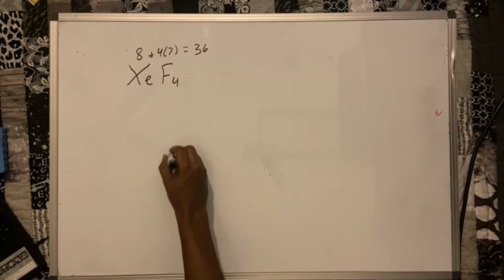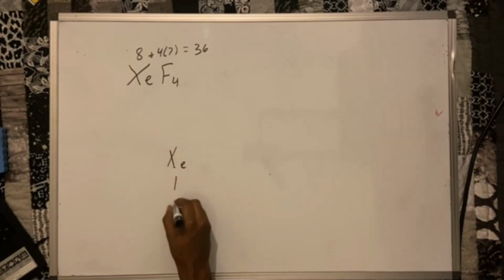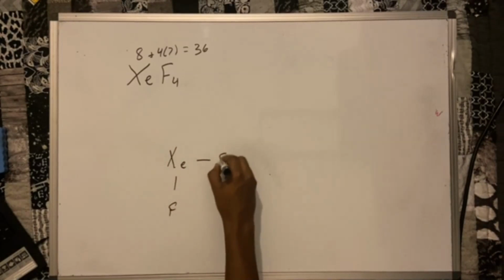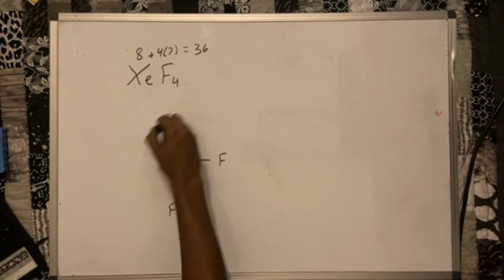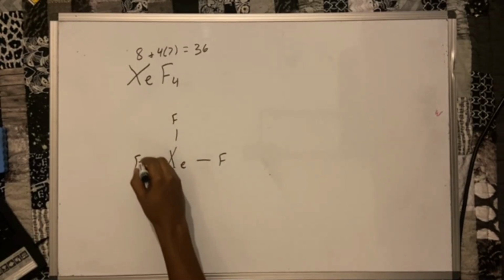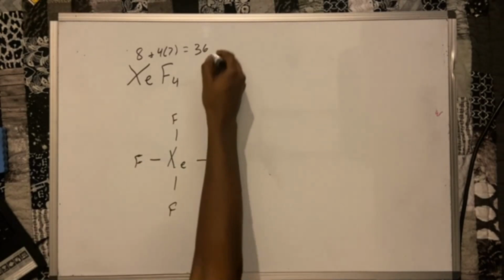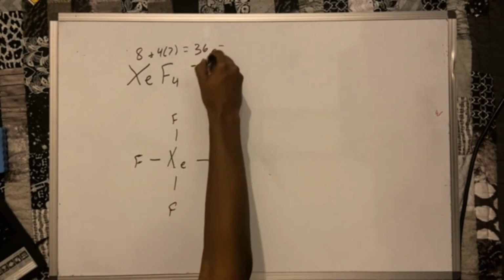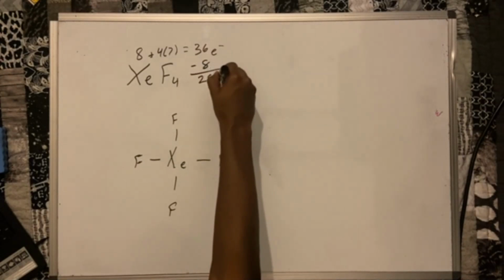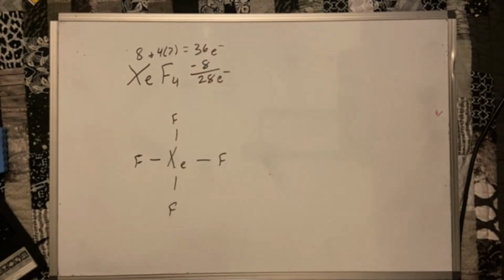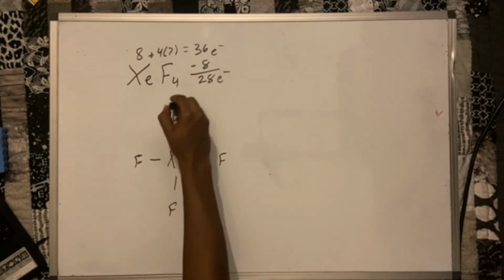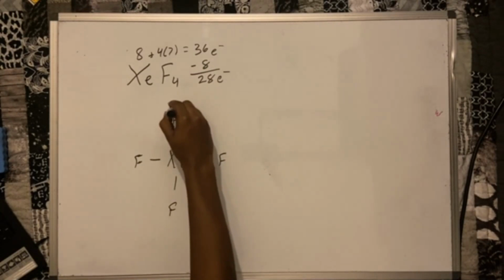Okay, xenon's probably going to go in the middle with the F's flanking it. That's 8 used, minus 8, so I've got 28 left.